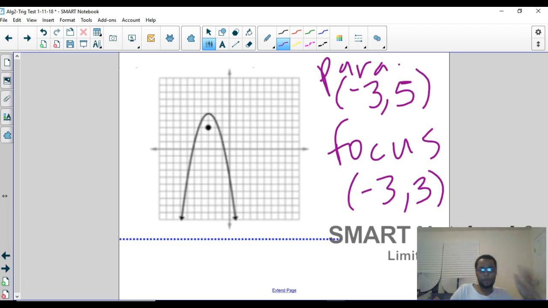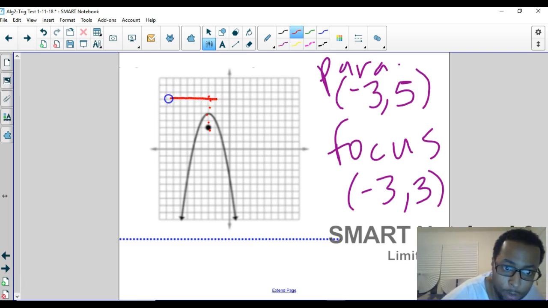Now remember, the focus and directrix are equal distance from the parabola. What does that mean? That means if my focus is here and I went up 2 times from the parabola, I'm going to go 2 times again, and this is my directrix.